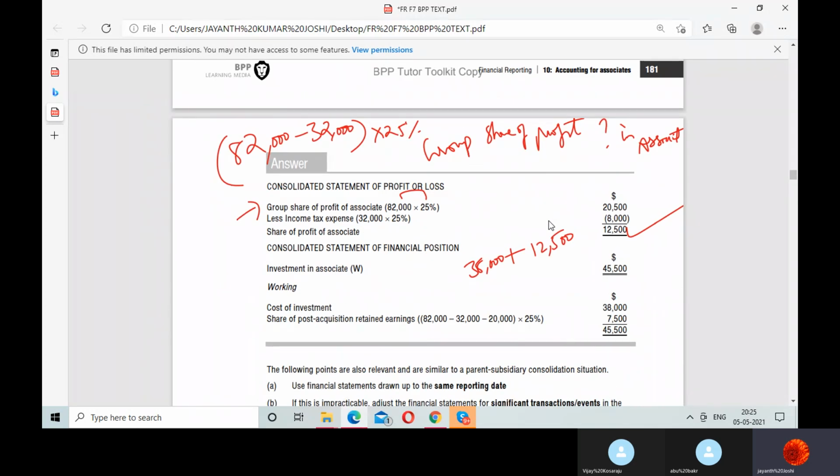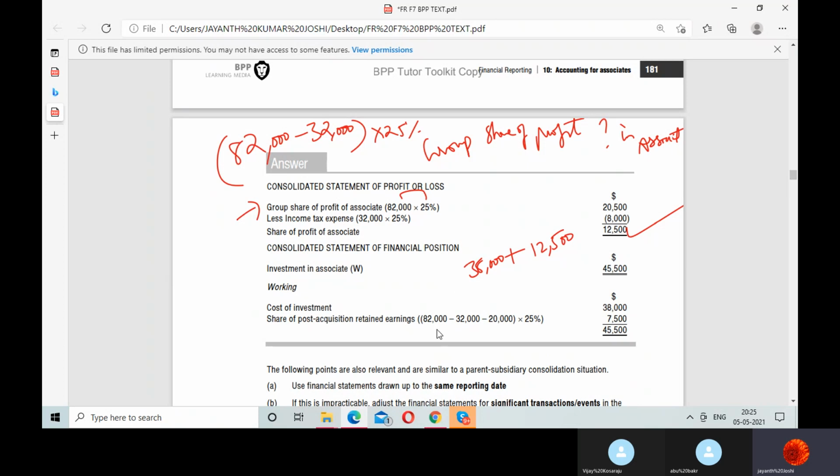Actually, all you should pay after deducting taxes. That is what I'm seeing. Okay. So just a second. 5,000. So 38,000 plus 2,500.